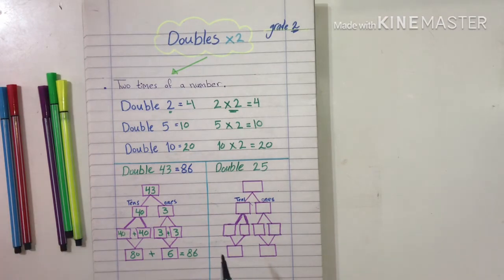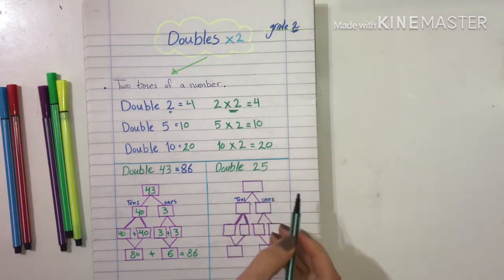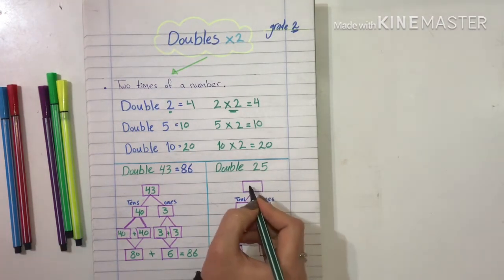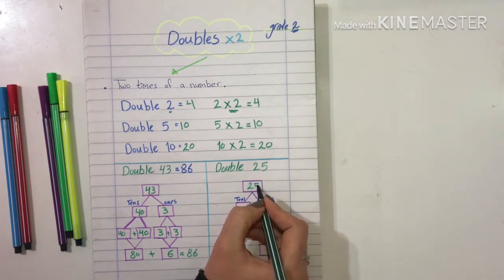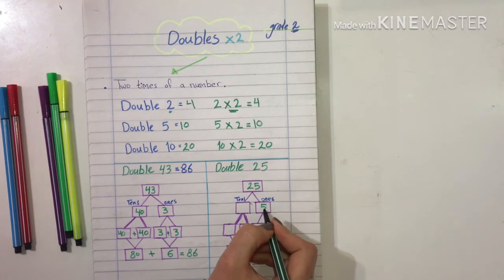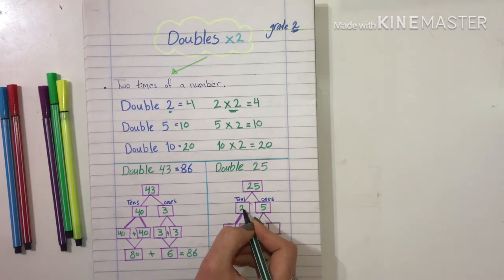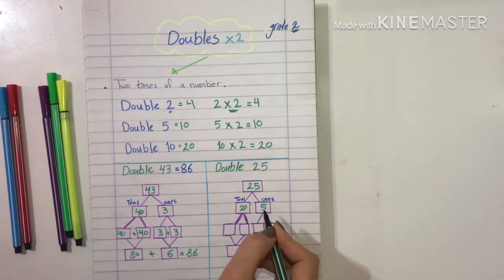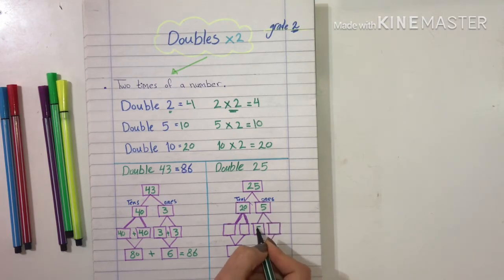Moving on to the second example, double 25. We have 5 as ones and 20 as tens. Double the ones means 5 and 5.